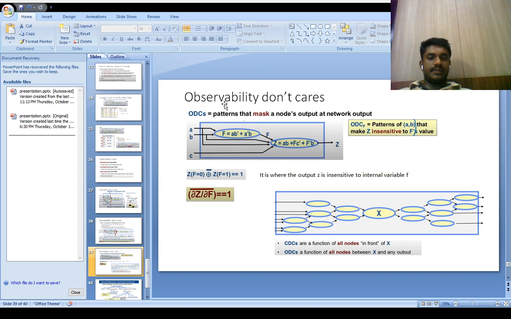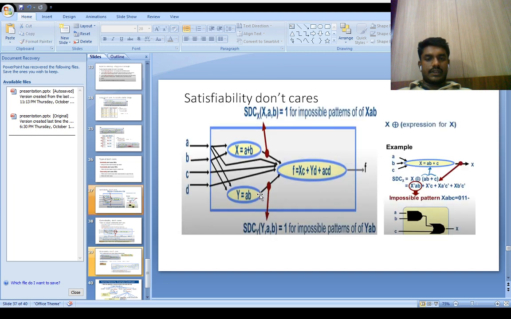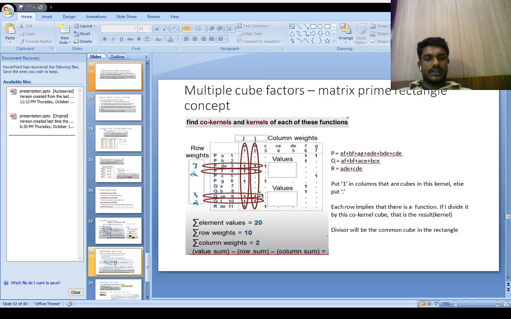This is called observability don't care, where we have given conditions like this: not observed equals 1. This condition should be satisfied, and it is where the output z is insensitive to f, which I already said. These are the don't care functions, satisfiability and the others, which I have explained now.